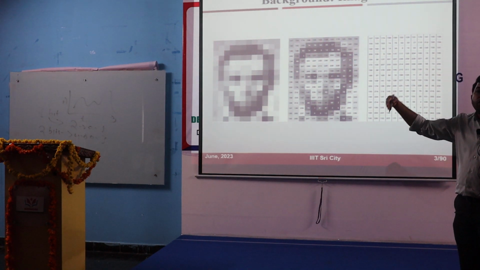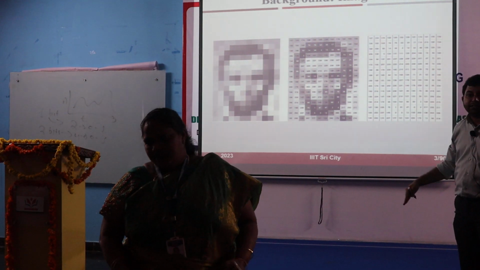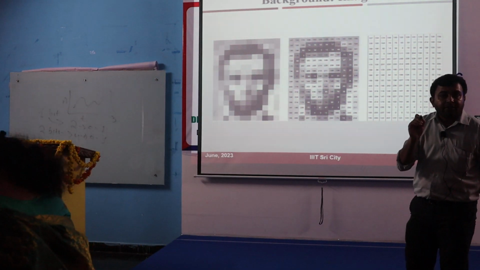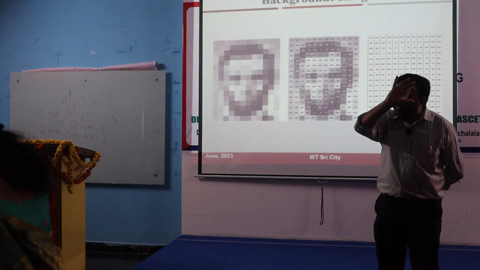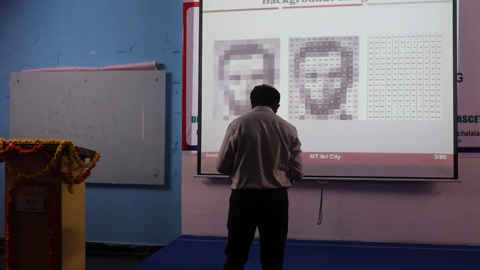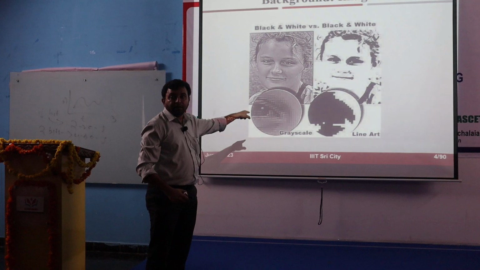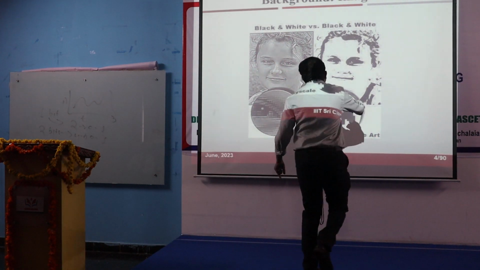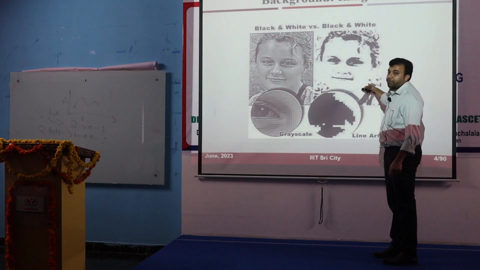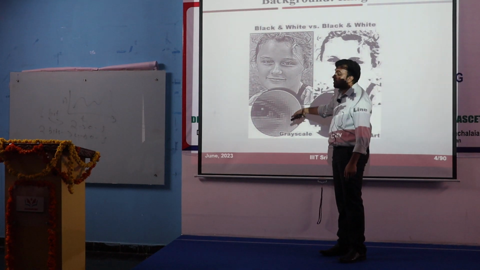As you use more and more bits for representing a pixel value, you can have more and more levels. That means you can draw very beautiful pictures, and you can represent more data when your radiometric resolution is higher. You can see here, this has 1 bit radiometric resolution, and this has more bits of radiometric resolution. You can see the difference here itself.